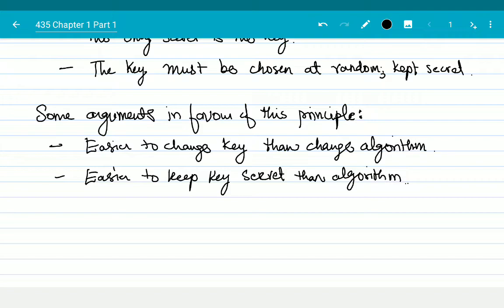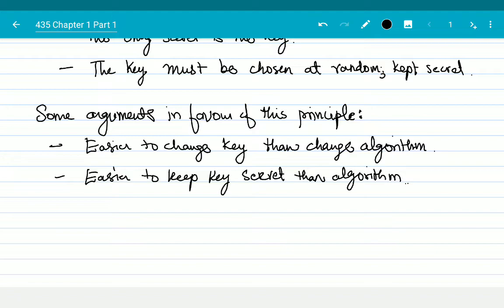That way, it is easier to keep a key secret than to keep an algorithm secret, because if someone defects from one station, they will be able to tell the entire algorithm and the keys they are using, but not the keys the other stations are using for their own communication, right?